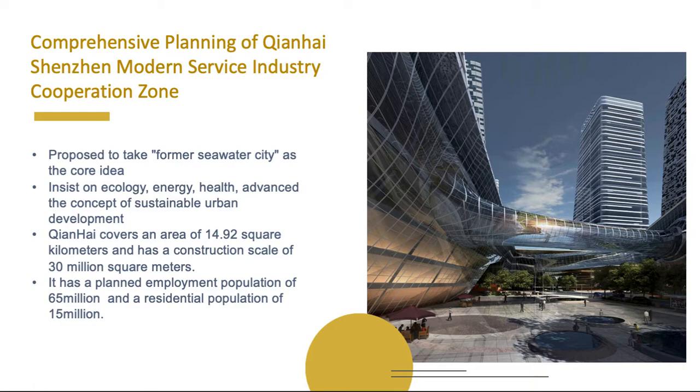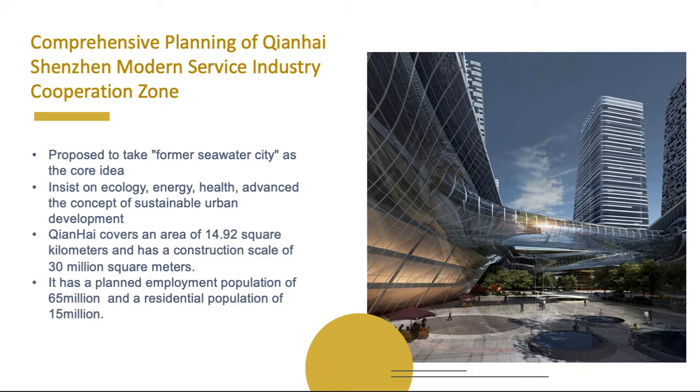It covers an area of 14.92 square kilometers and has a construction scale of 13 million square meters. Besides, it has a planned employment population of 65 million and a residential population of 50 million.